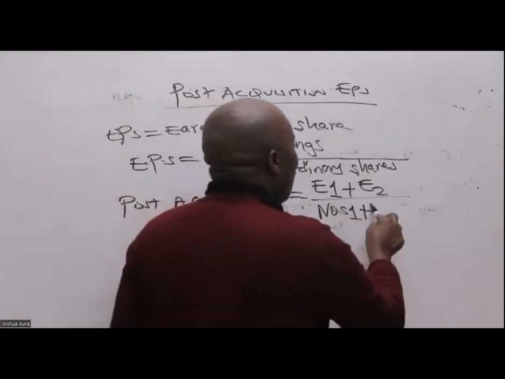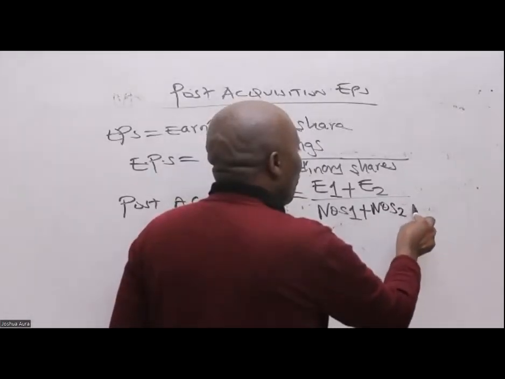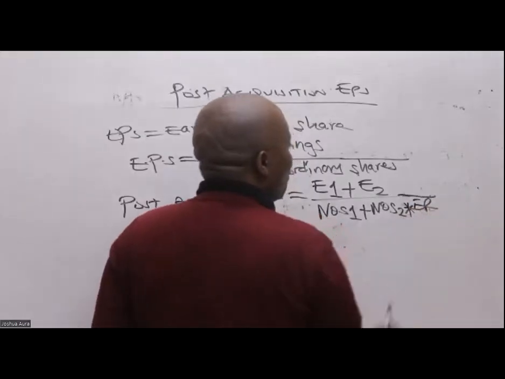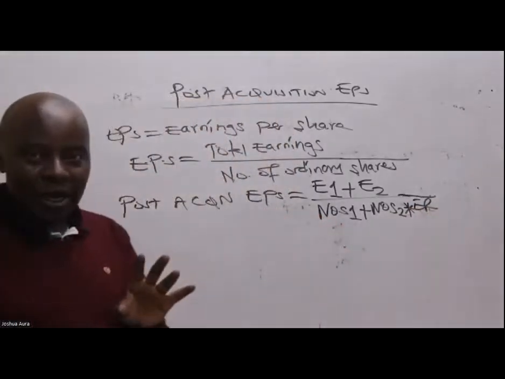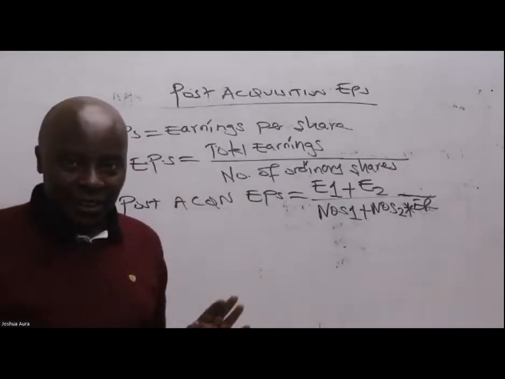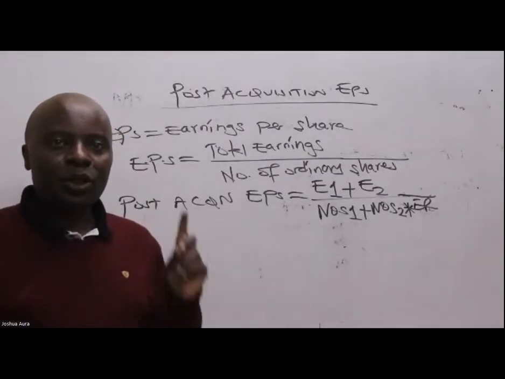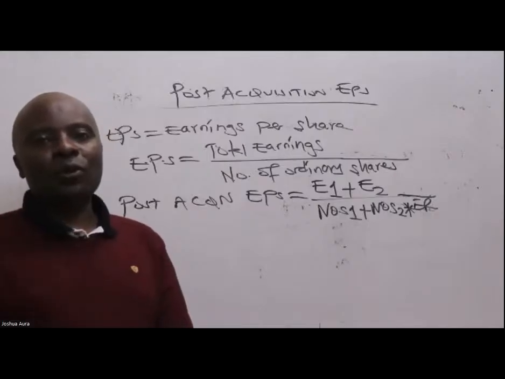Plus number of ordinary shares of company 2. But remember that company 2, which happens to be representing the wife, must be multiplied with what we call the exchange ratio.